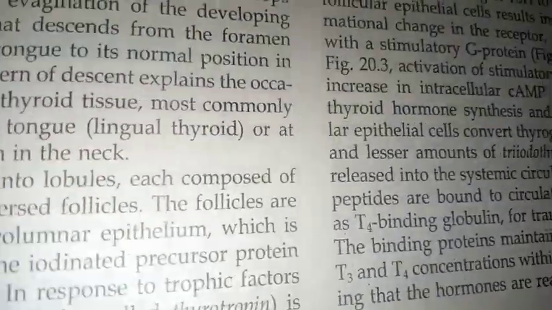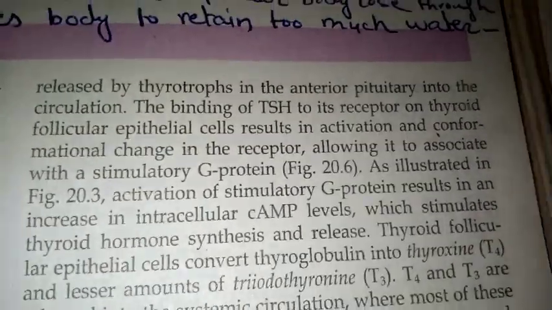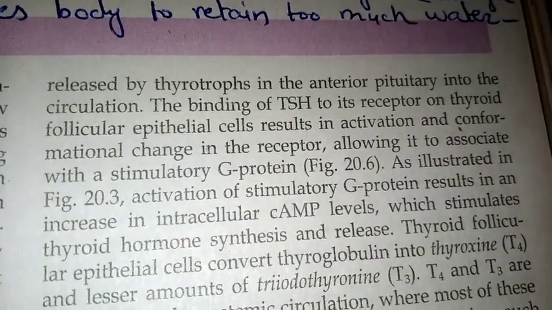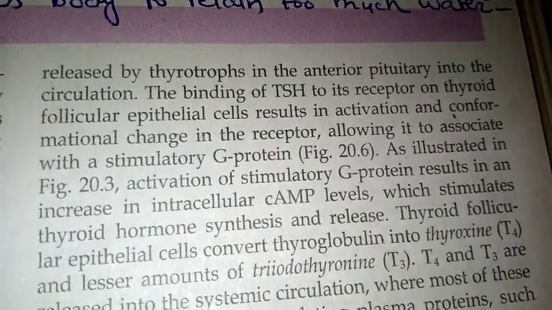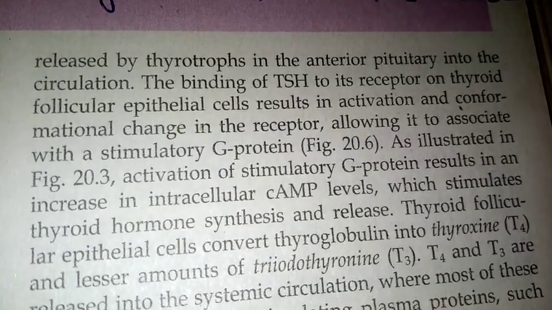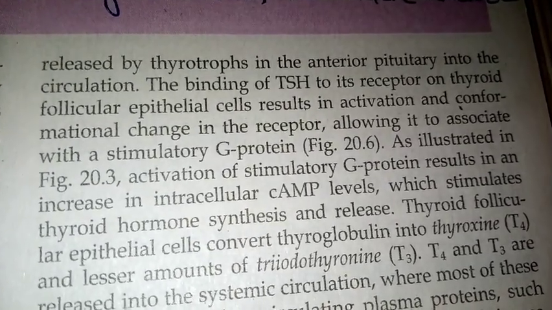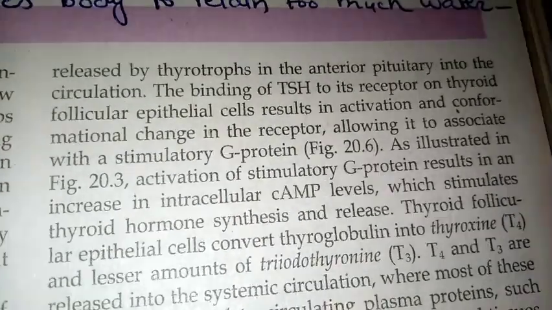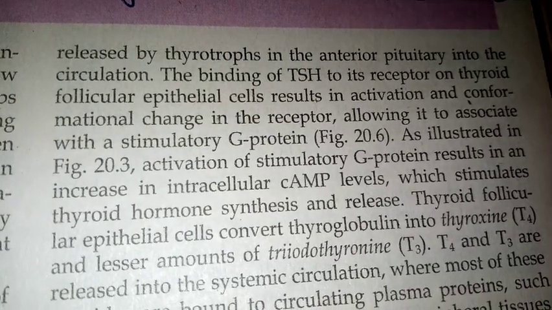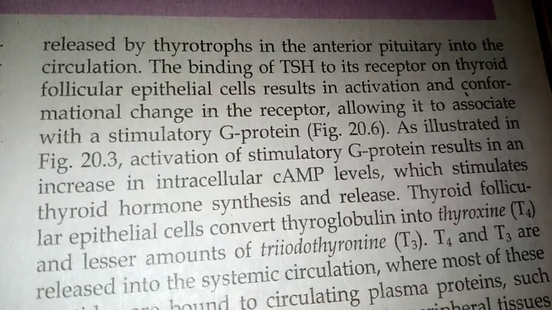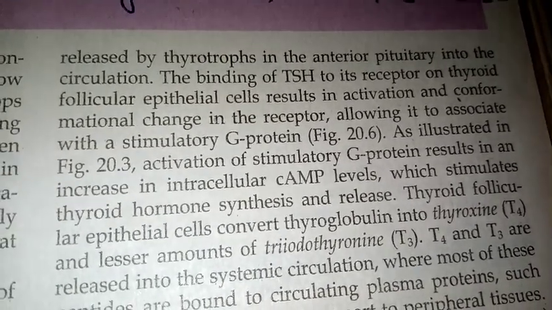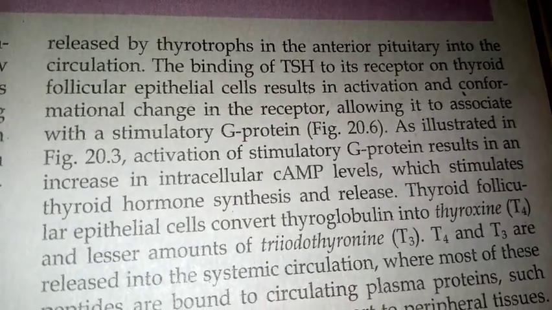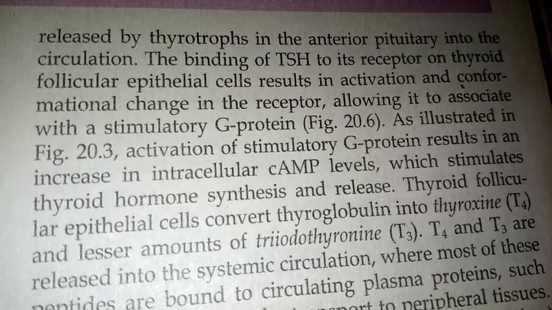TSH, thyrotropin, is released by thyrotrophs in the anterior pituitary into the circulation. The binding of TSH to its receptor on the thyroid follicular epithelial cells results in activation and a conformational change in the receptor, allowing it to associate with the stimulatory G protein.